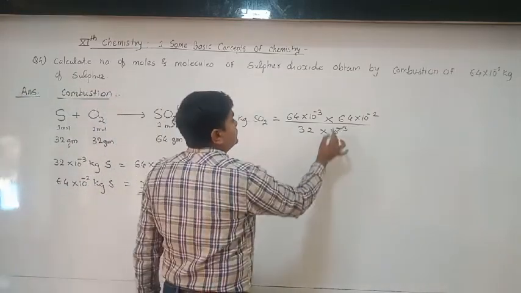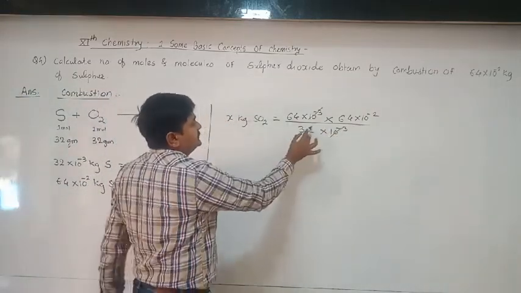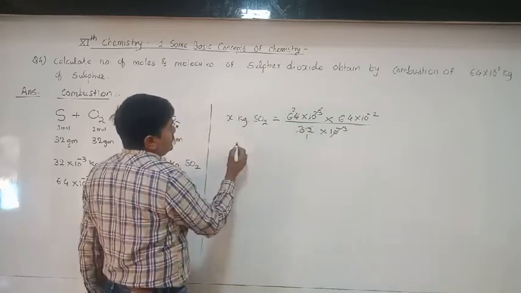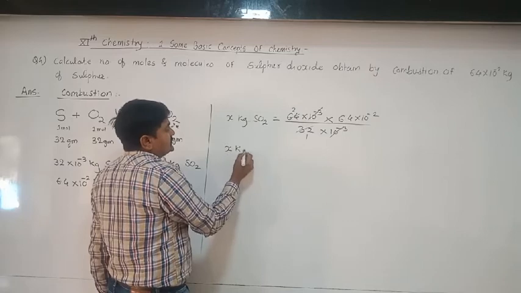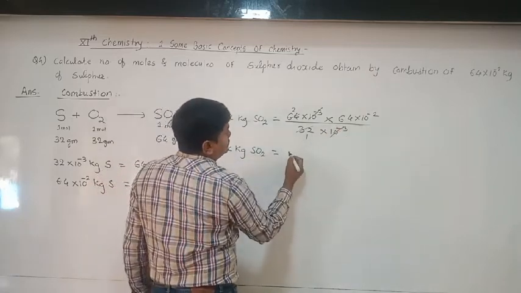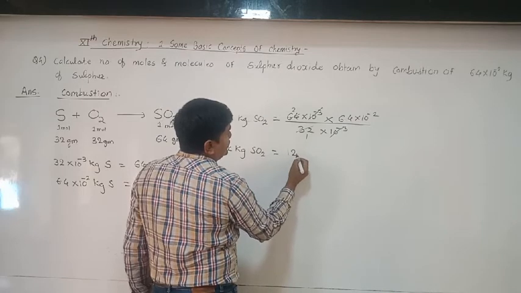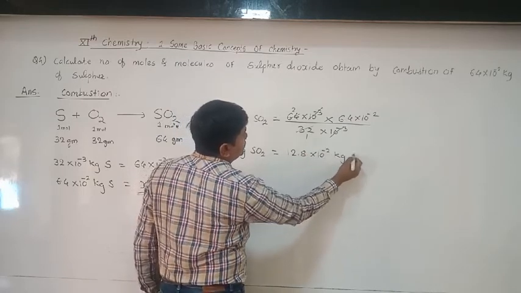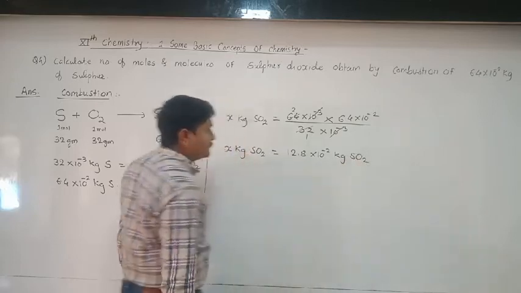Now minus 3 gets cancelled. 32, 1, 2. So X kilogram of SO2 formed is 12.8 into 10 raised to minus 2 kilogram of SO2.